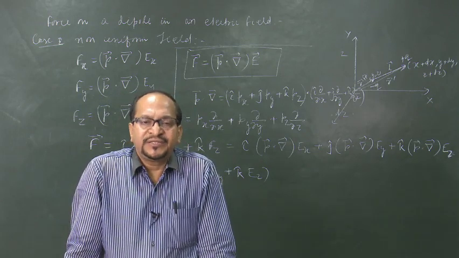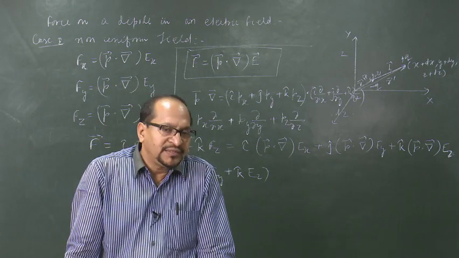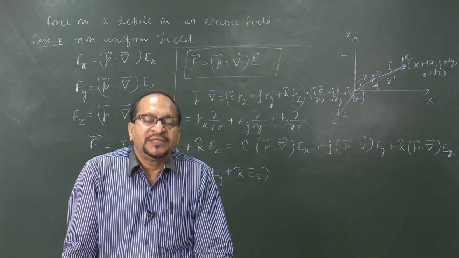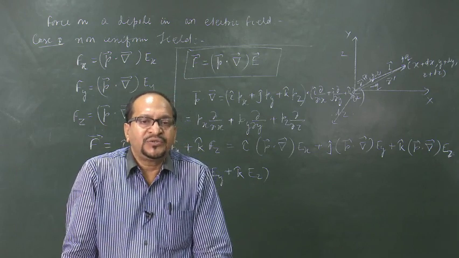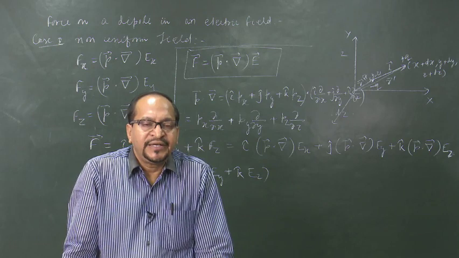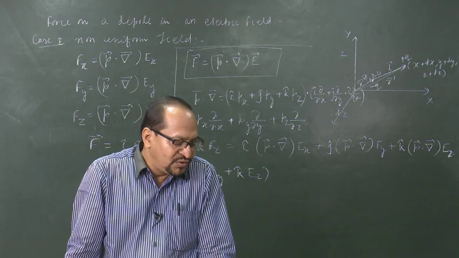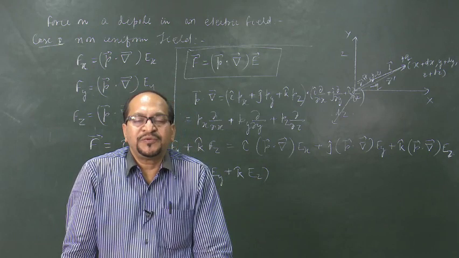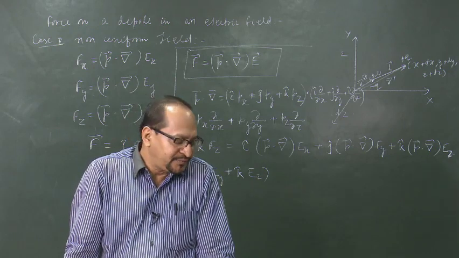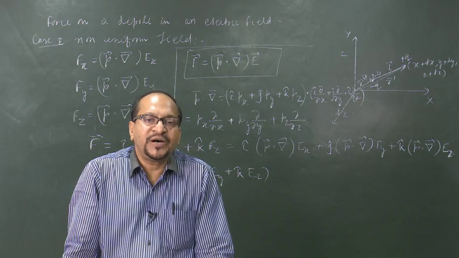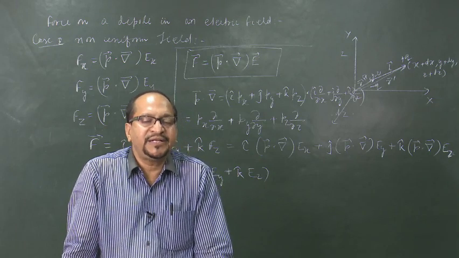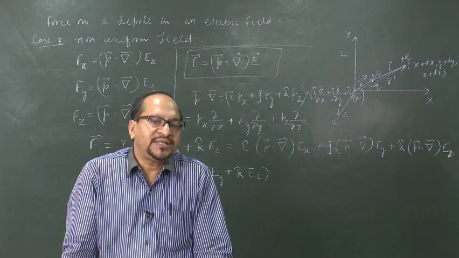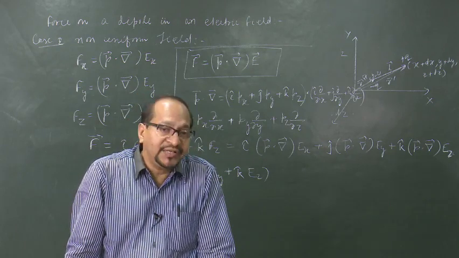The potential energy of a charge is the work done in bringing the charge from infinity to a point against the electrostatic force, and while we bring it, it must be brought without any acceleration. Then this net work done in bringing the charge from infinity to a point against the electric force is stored in the charge as its electrostatic potential energy.